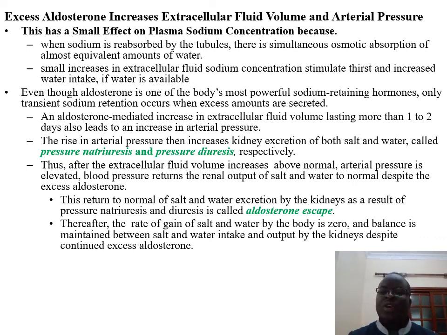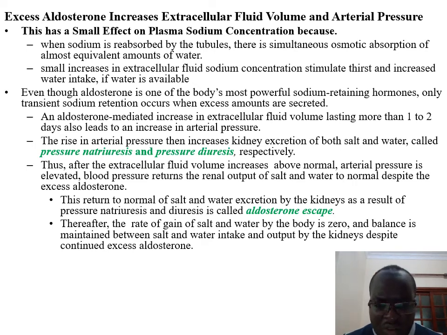In turn, you're going to increase the arterial pressure. When the arterial pressure is increasing, the filtration at the glomerulus is also going to increase, so that you will filter the excessive amount of water and salt. This is called pressure natriuresis and pressure diuresis, respectively.